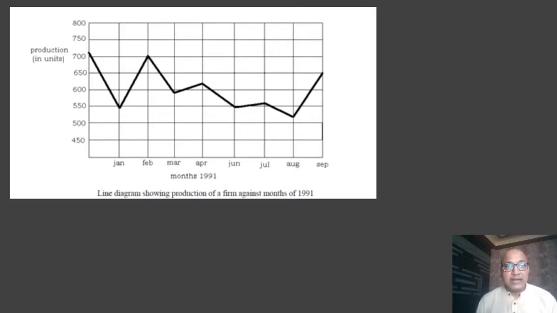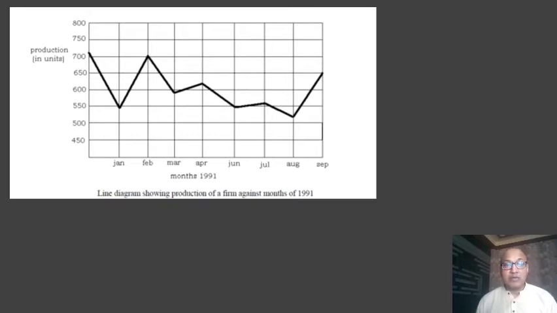Two straight lines, one horizontal and another vertical, known as the x-axis and y-axis respectively, are drawn on the graph paper, as we can see in this slide, which intersect at a point called the origin. The given data are represented as points on the graph paper.